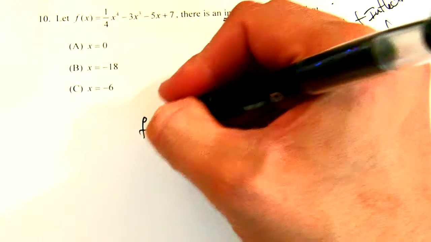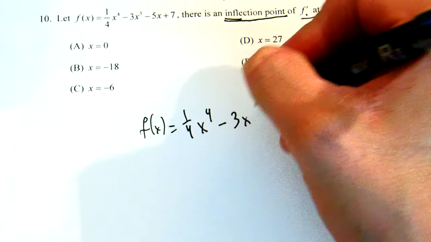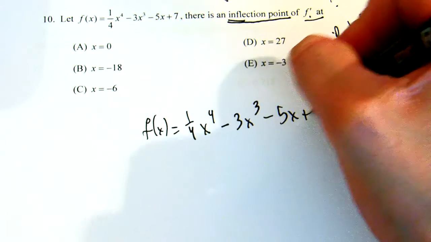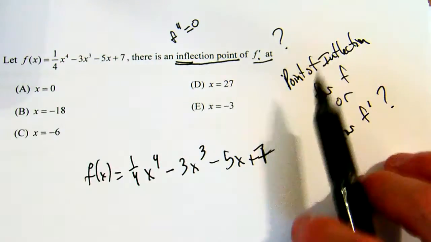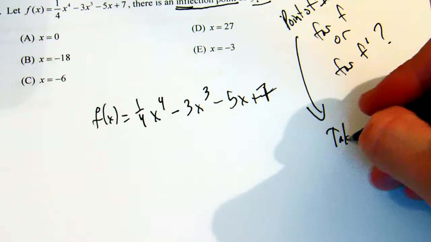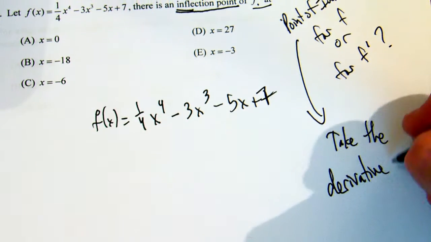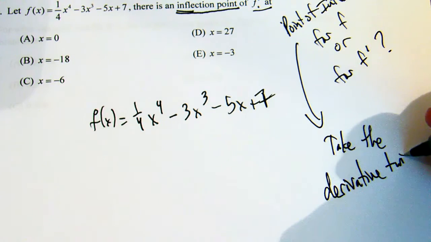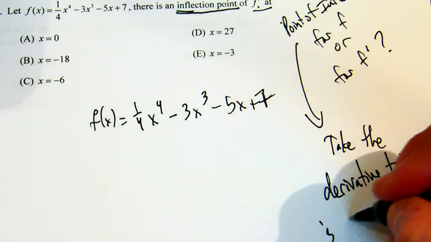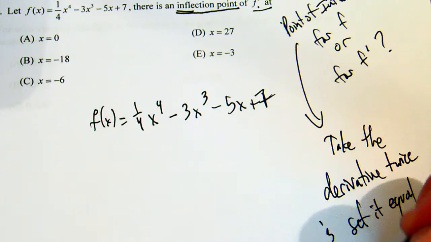So we know that f of x equals 1/4 x to the 4th minus 3x cubed minus 5x plus 7. Now you know the point of inflection means, you should write this down, take the derivative twice and set it equal to 0.